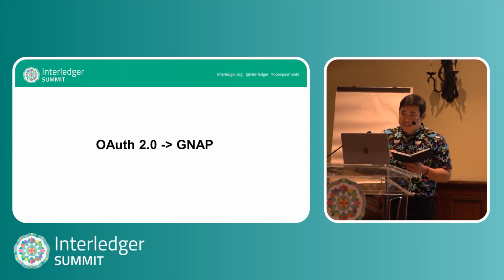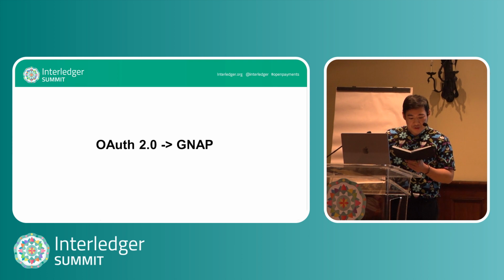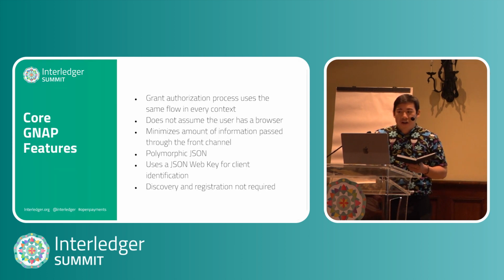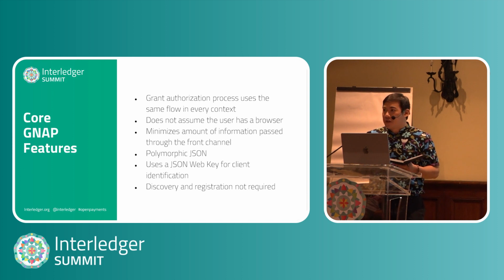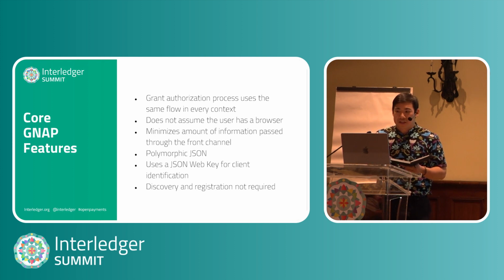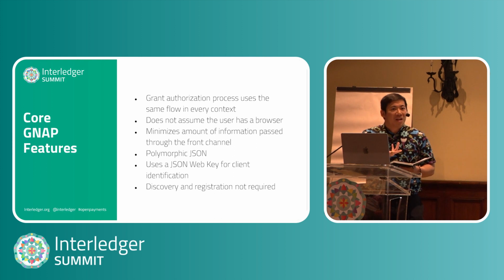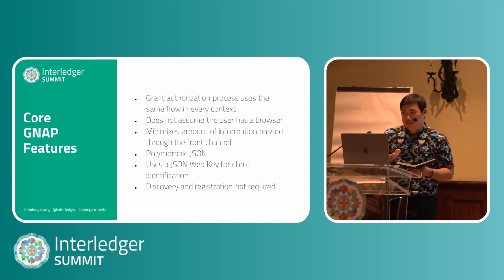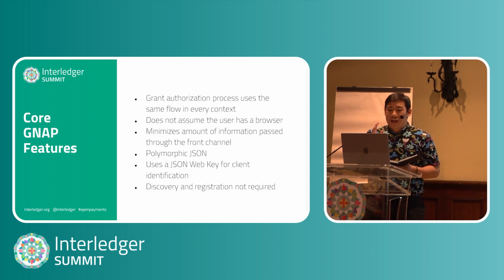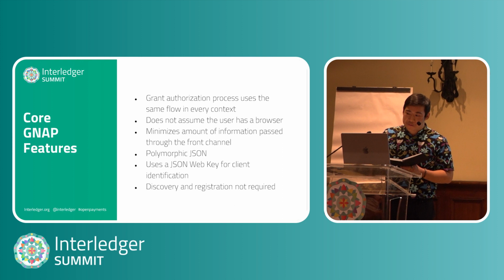The core features of GNAP's versatility are: the grant authorization process uses the same flow in every context, GNAP does not assume the user has a browser, it minimizes the amount of information passed through the front channel, it uses polymorphic JSON for requests, it uses a JSON web key for client identification, and discovery and registration are not required before starting the GNAP flow.